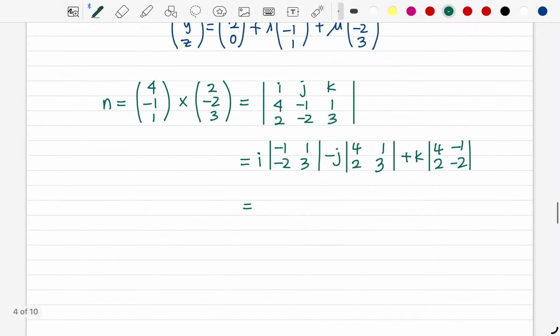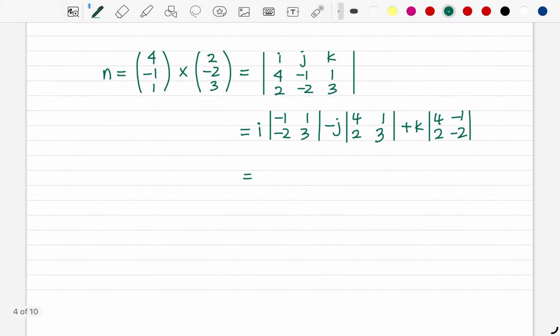And with the cross product of two vectors, you will get another vector. If you are not familiar with how to find this, I'll show you one more time here. We multiply -1 and 3, that's -3. Then we multiply 1 and -2, that's -2. Then we use -3 minus -2, and we will get -1.